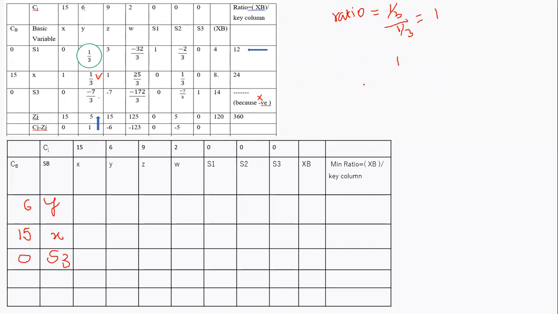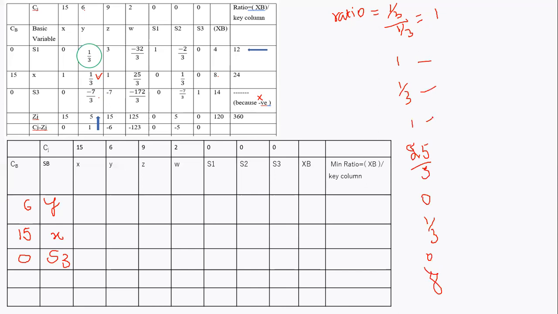So that is my old row. That is 1 by 3, then 1, then 25 by 3. And then I have got 0, and then 1 by 3, and then 0. And then we have got 8. So this is our old row.